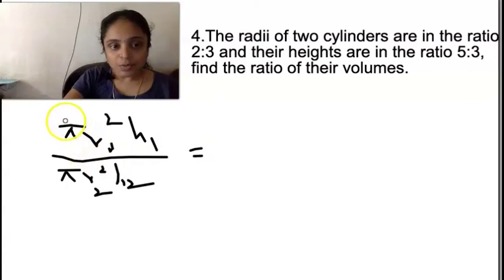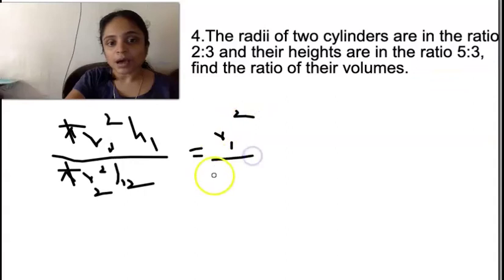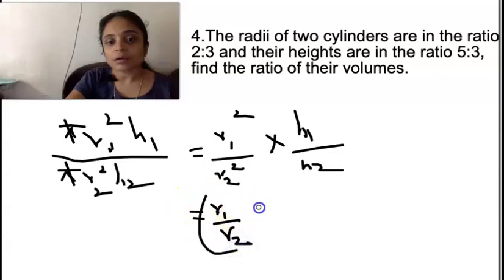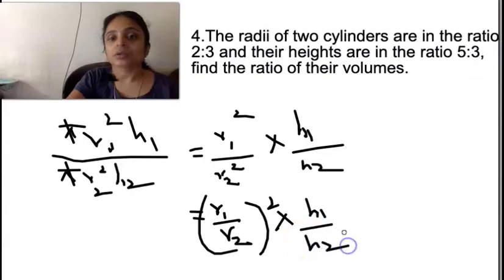So, this pi will get cancelled, R1 square by R2 square into H1 by H2, which is equal to R1 by R2 the whole square into H1 by H2.